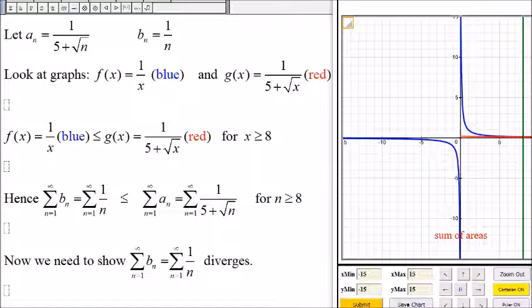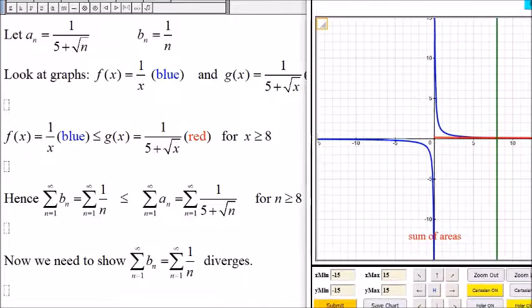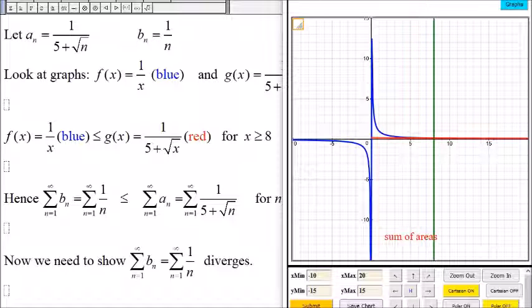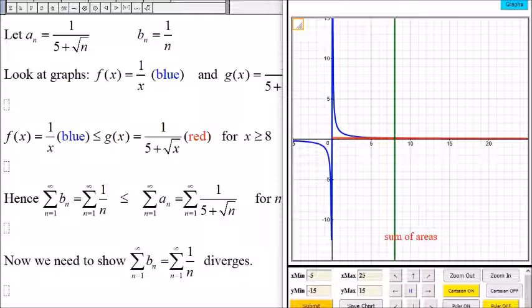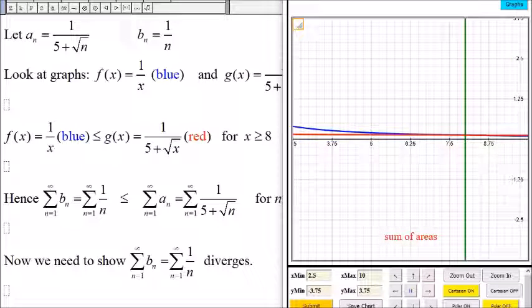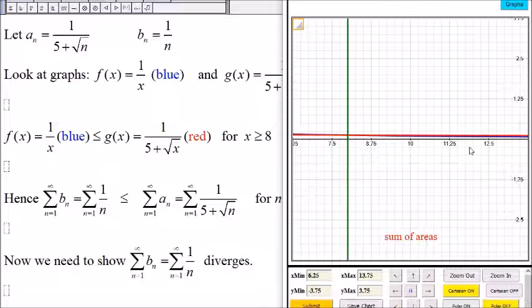And so if we look at the graph, we will see that beginning with 8 on, the red one is going to be above the blue one. So beginning with x equal to 8 or greater, 1 over 5 plus the square root of x will be greater than 1 over x.